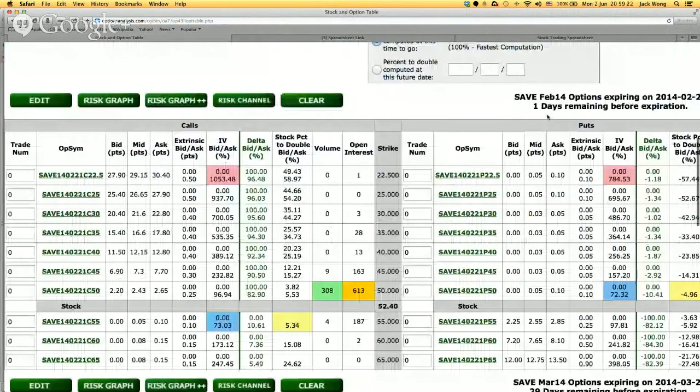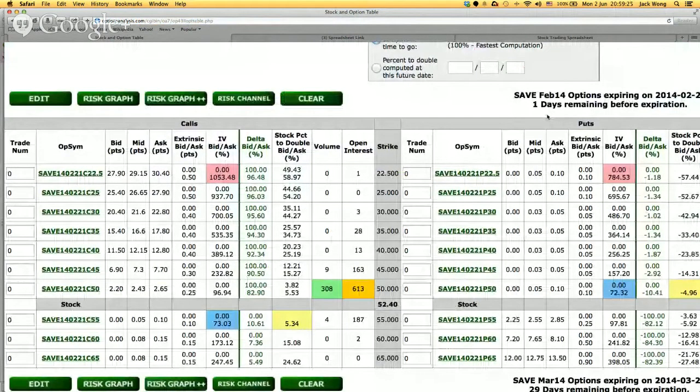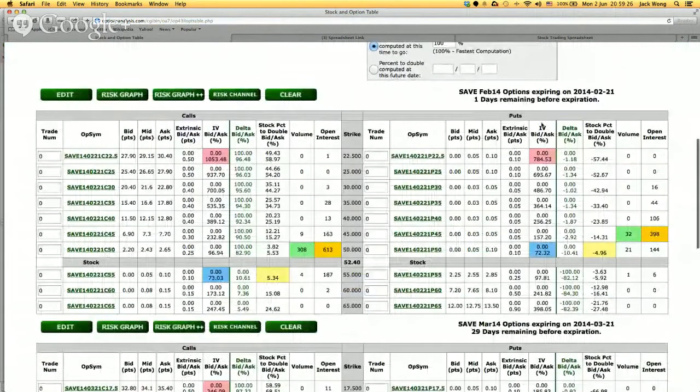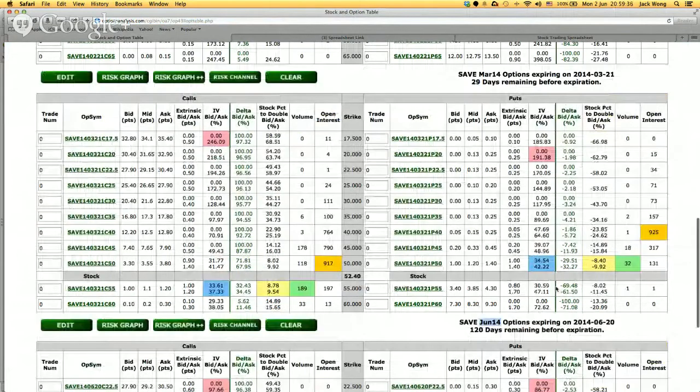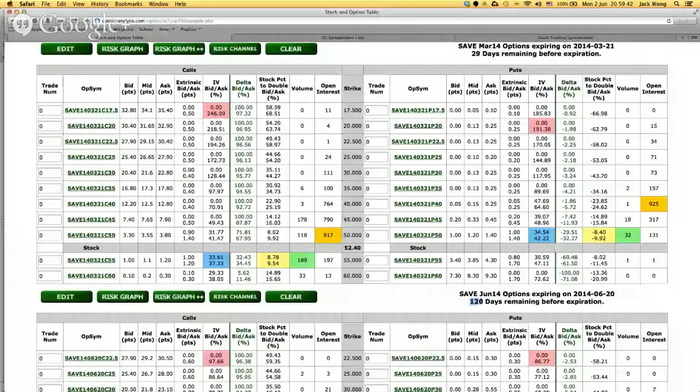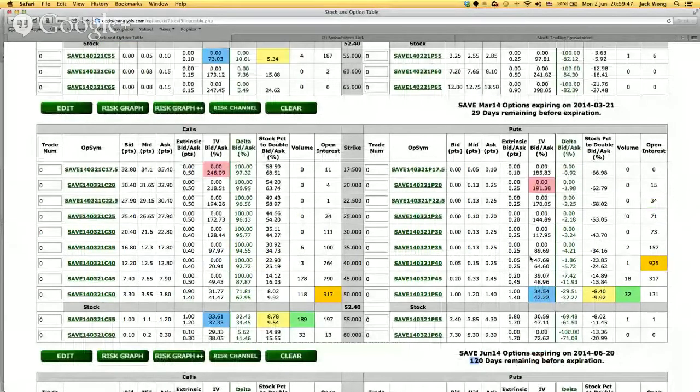Okay, so we are going down to the one that has 29 days. Now we will use the March option because the next set that is available is June 14. Now that has 120 days to expiration, so it does not make sense to buy June option in this strategy. So the obvious logical choice for this strategy is to look at the March option.